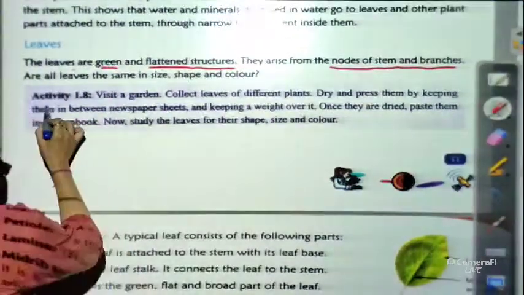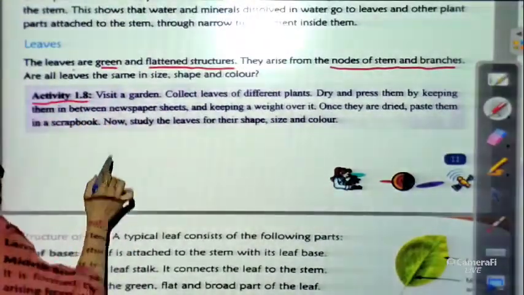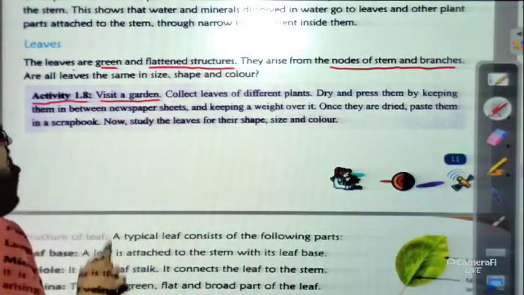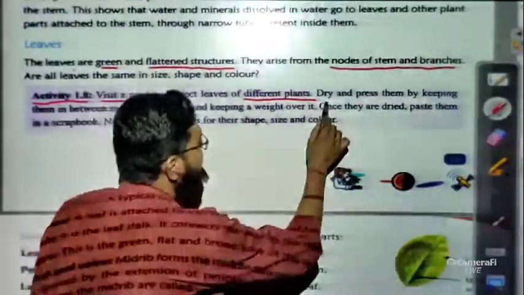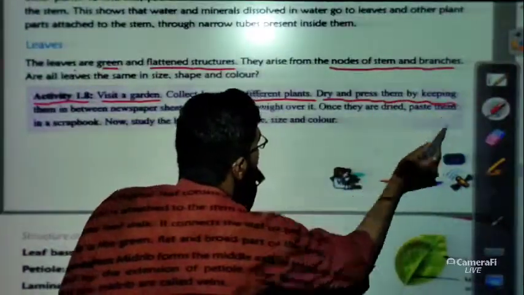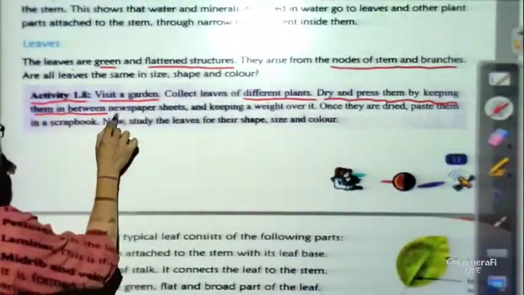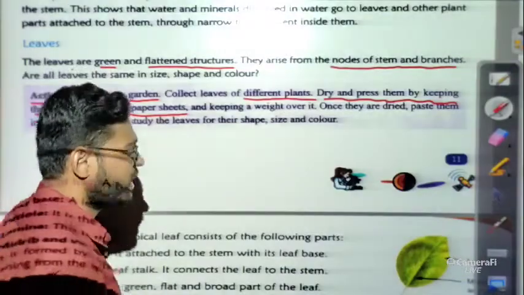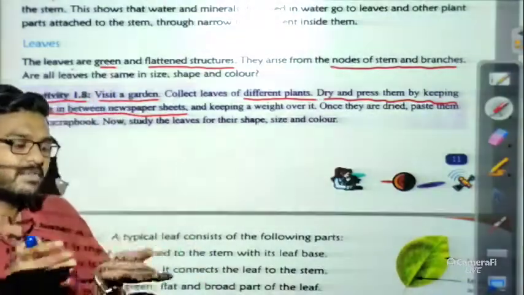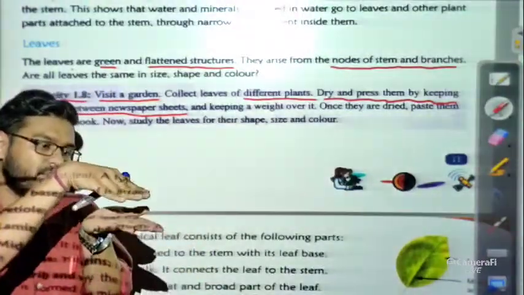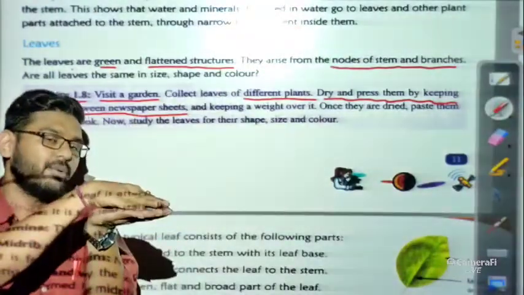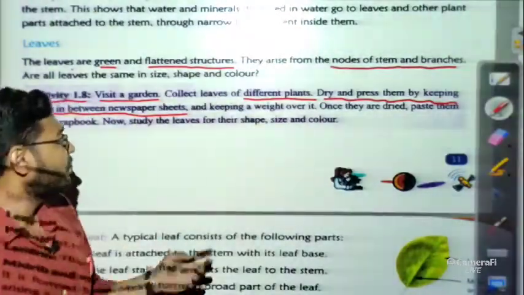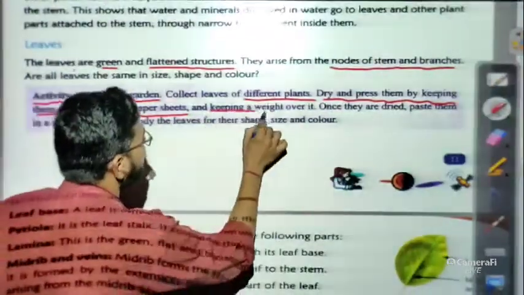So there is an activity. If you visit a garden and collect some different plants, you dry and press them by keeping them in between newspaper sheets. If this is the leaf, I place it like this between two newspaper sheets and keep a weight over it.